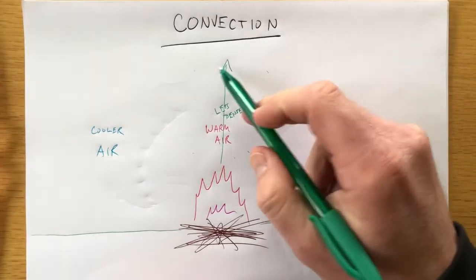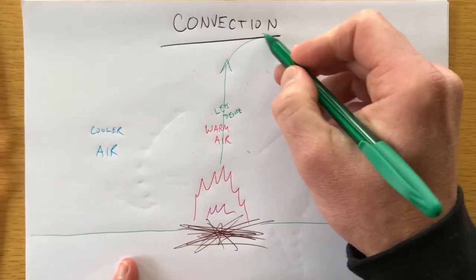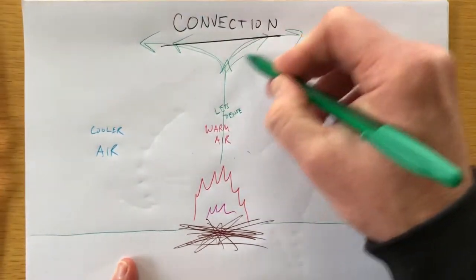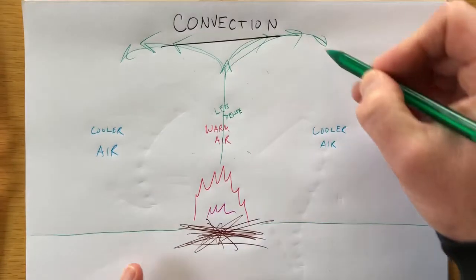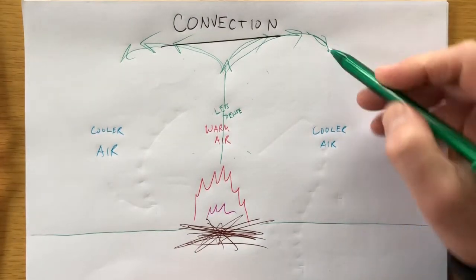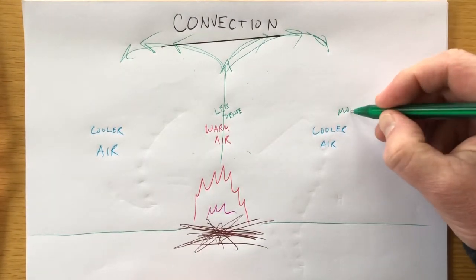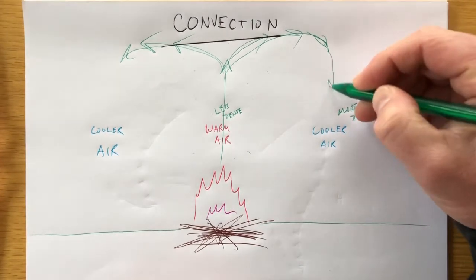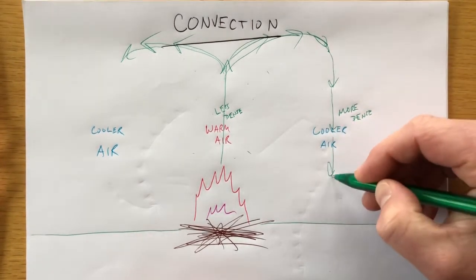But this air rising pushes it out of the way, and what happens is you start to get a pattern, and eventually this air is going to get cool enough that it's going to become more dense, and so now it's going to start to sink.